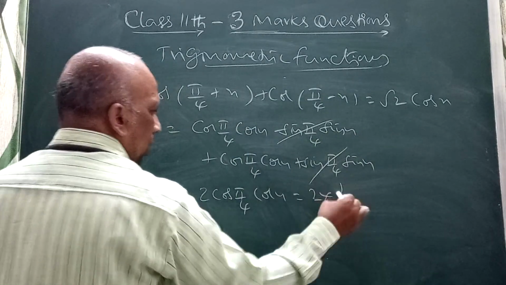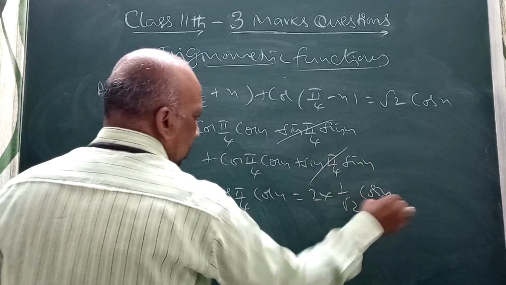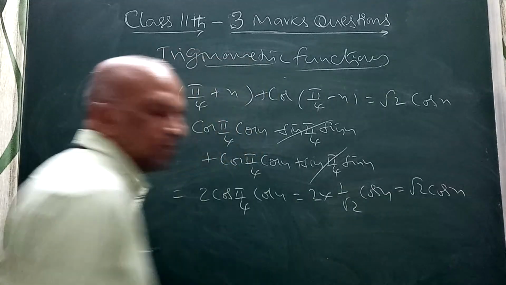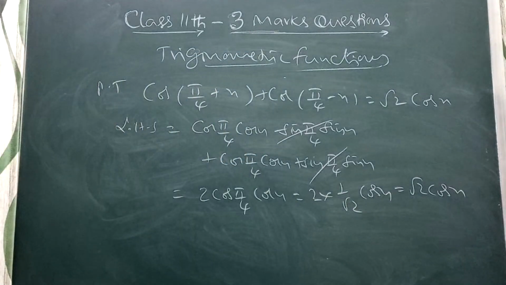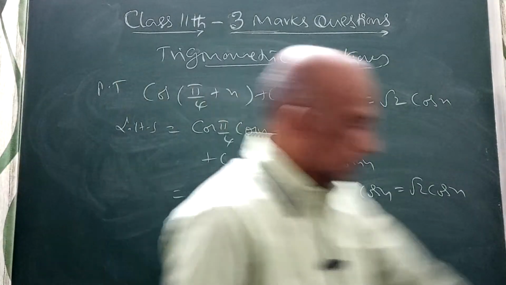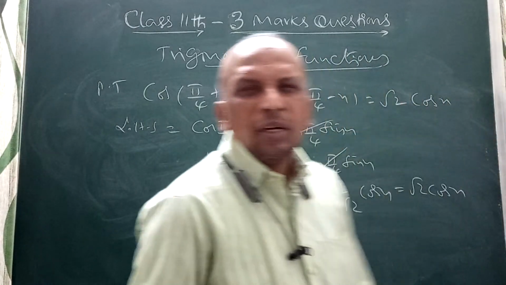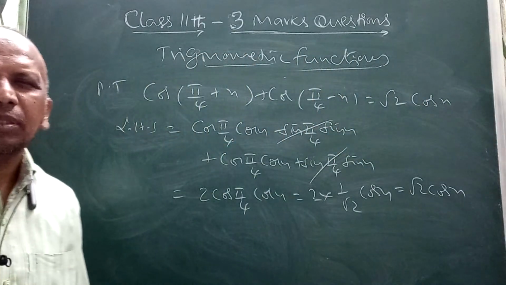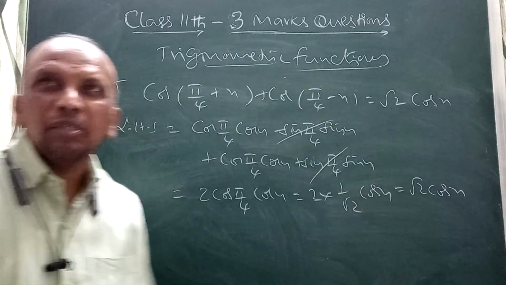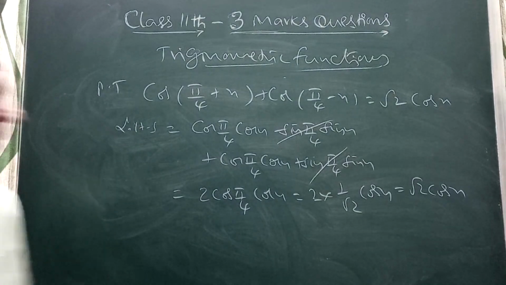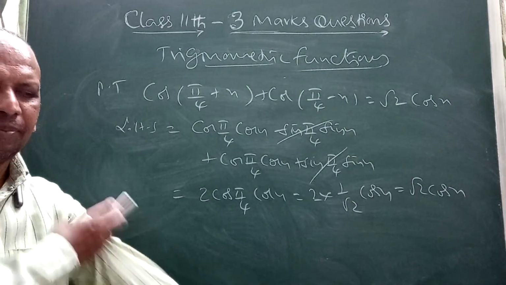Cos 45 is 1 by root 2, so 2 by root 2 is root 2. You will get root 2 cos x. So it gives root 2 cos x. Correct. So you can do it like this.